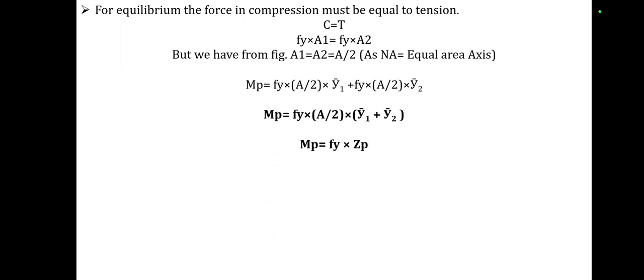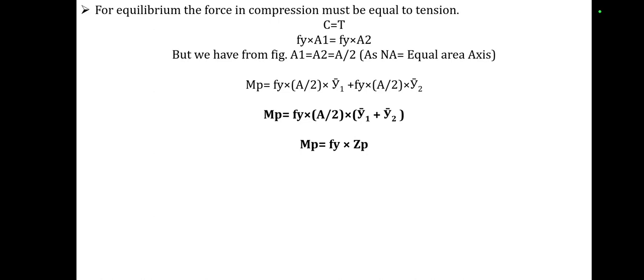From the figure, A1 is equal to A2 is equal to A by 2, as the neutral axis divides the section into equal areas. Therefore, Mp is equal to Fy into A by 2 into Y1 bar plus Fy into A by 2 into Y2 bar.